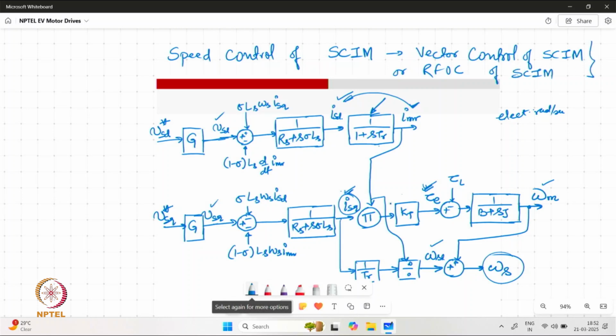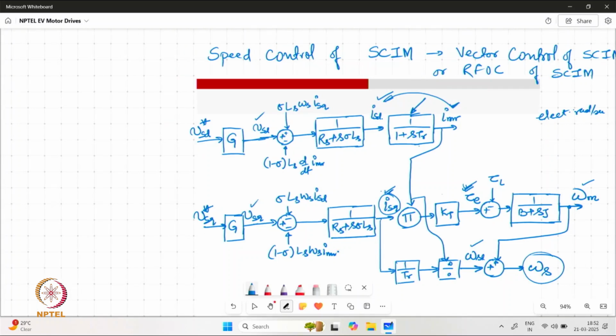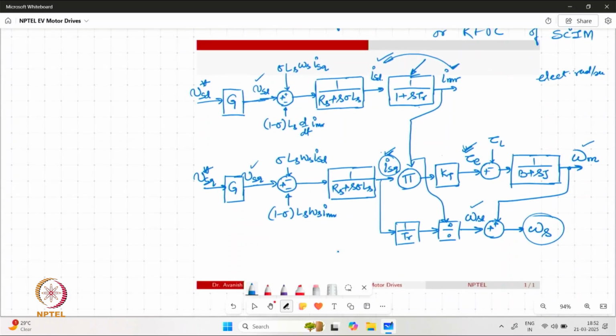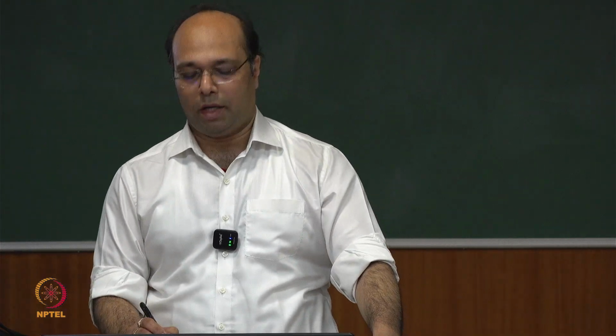So there are different terminologies, and we understand the reason behind them. So we would go ahead with the design part of the controller. Now in this block diagram, essentially we are trying to have the mechanical speed controlled dynamically.